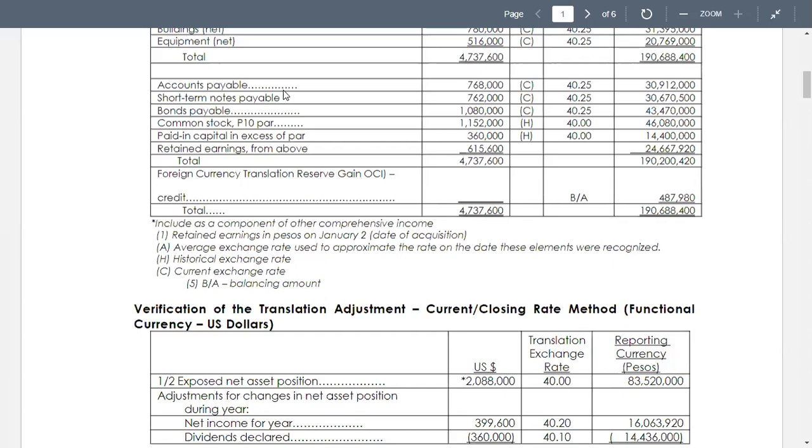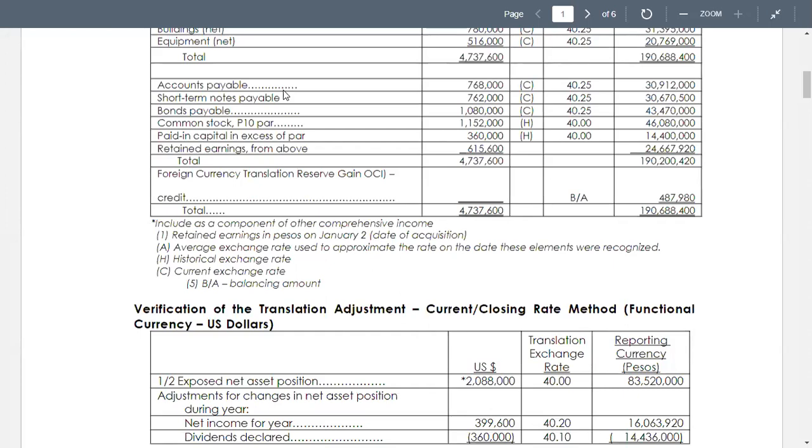So non-monetary assets should be translated by using historical or actual cost.